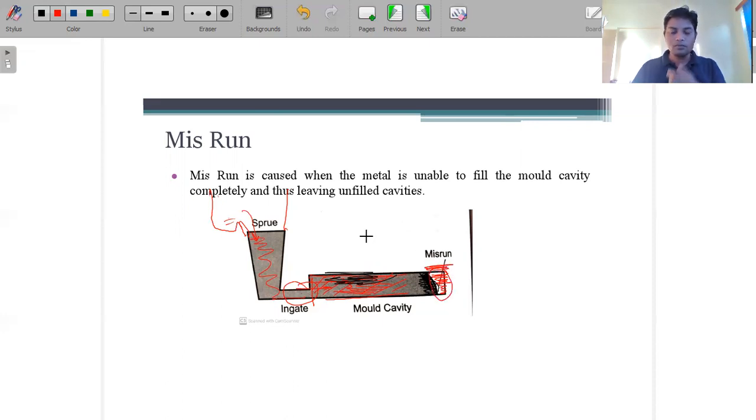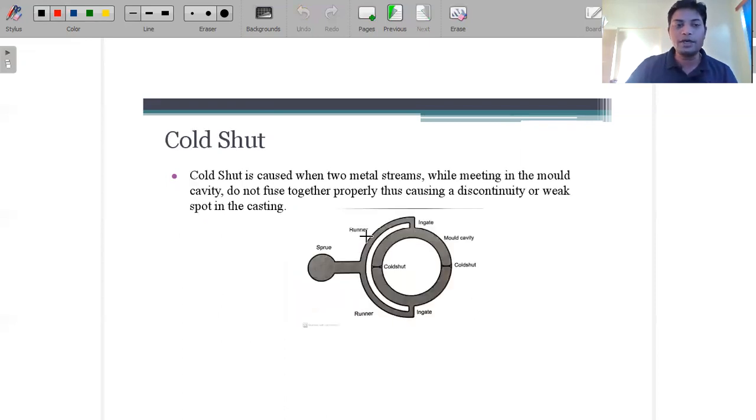Okay. Next is the cold shut. Cold shut is like if we are creating this type of geometry, like a hollow ring. If we are filling this hollow ring, then this is a kind of sprue connected with the skim bob, and over that is connected the pouring basin, so that we fill the molten material, and this is a kind of runner we are using.